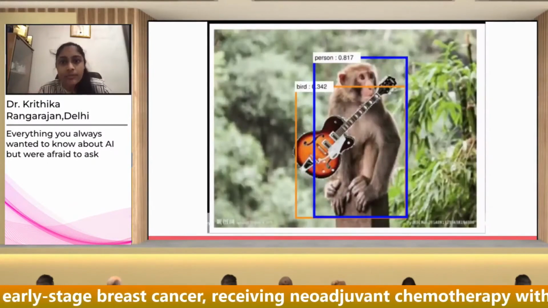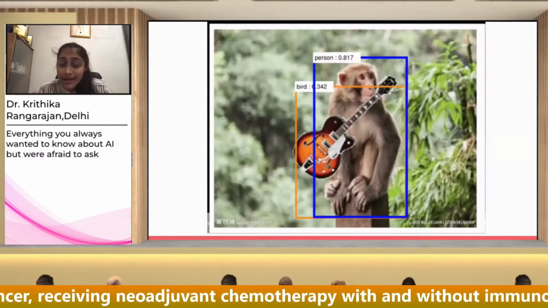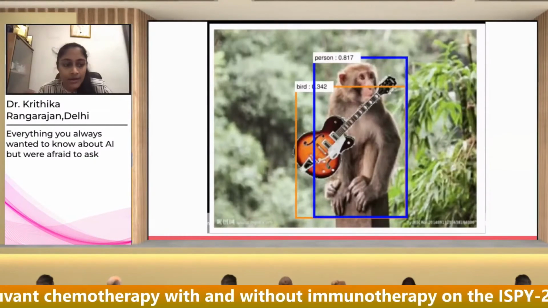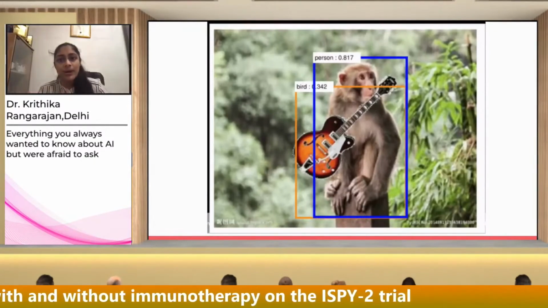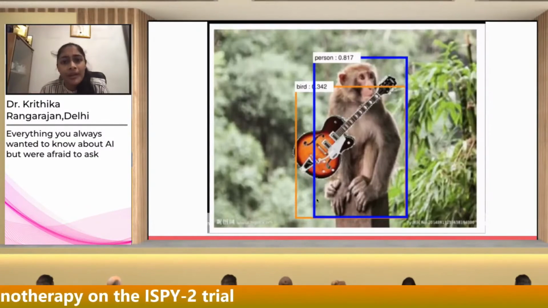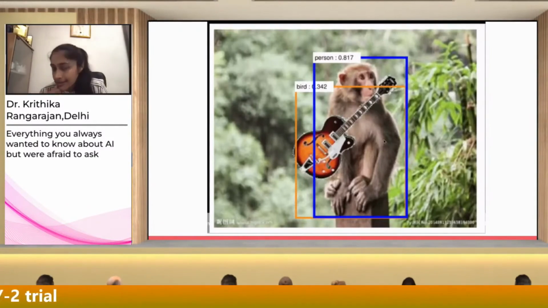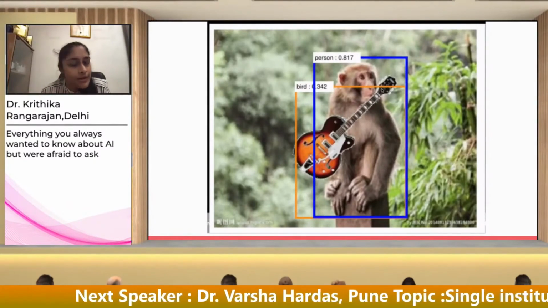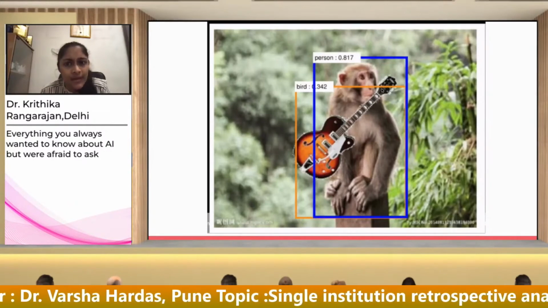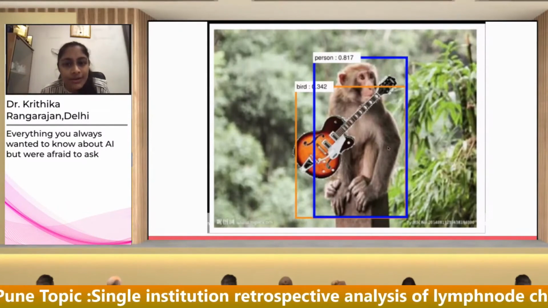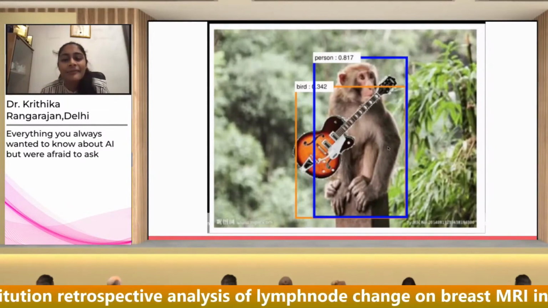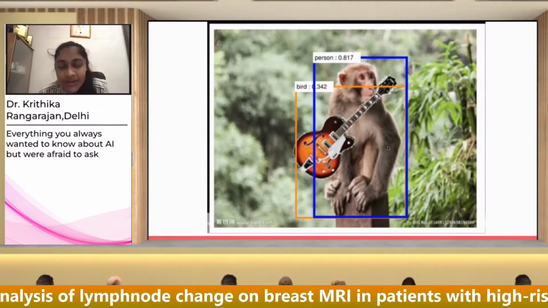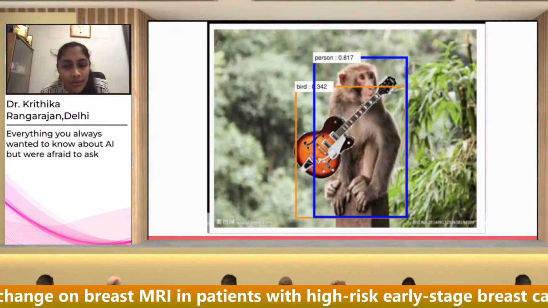This is another example of interpretability and the reason why generalizability and interpretability is quite that important. So this was an algorithm which was trained to predict or detect human beings. Now, the algorithm was fairly confident in calling this particular thing a monkey or a non-human being when the guitar was not there.